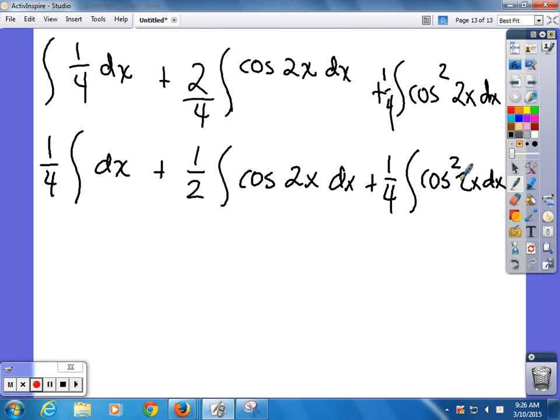You can also change that cosine squared into a double angle again, or half angle. Yeah, the third one's going to hang you up a little bit. You need to do it one more time with a half angle. I think you could do the rest of it by calculus.